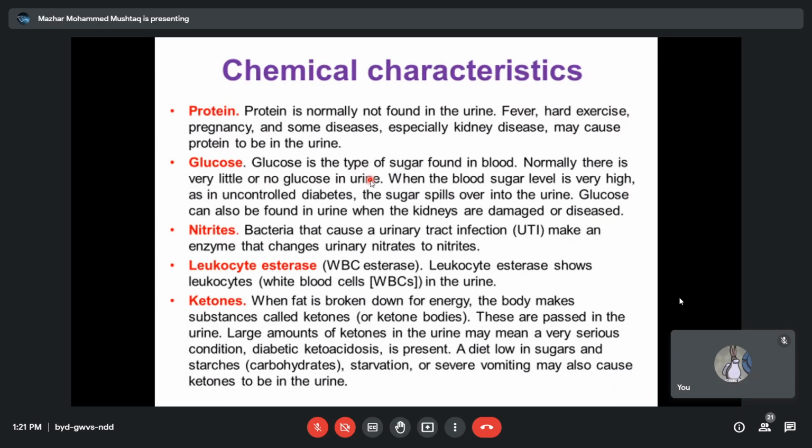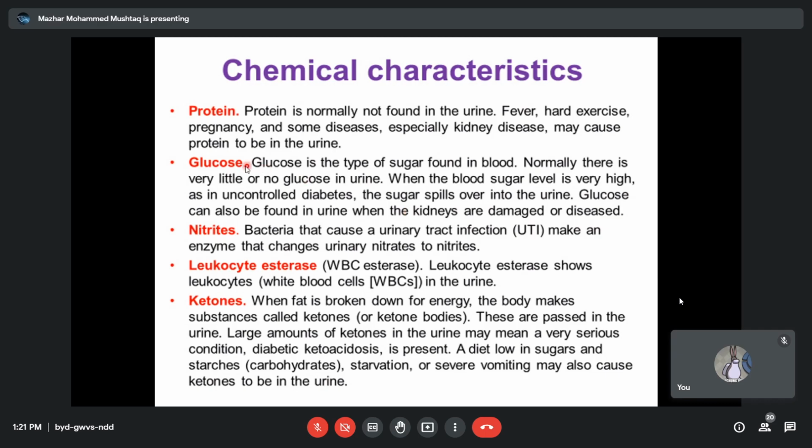If it crosses 400, that is what we call the threshold of glucose. If the blood glucose is more than 400, then it begins to come into the urine also. That can be considered abnormal. Glucose can also be found in the urine when the kidneys are damaged or diseased. Mind you, this is very important here.